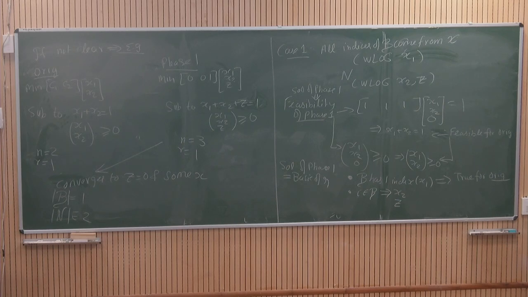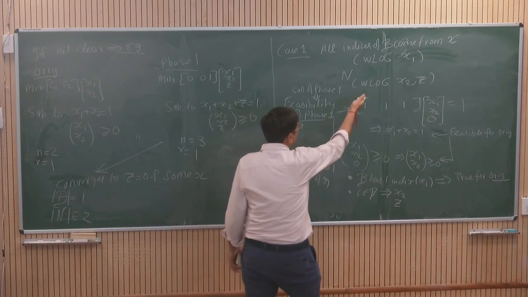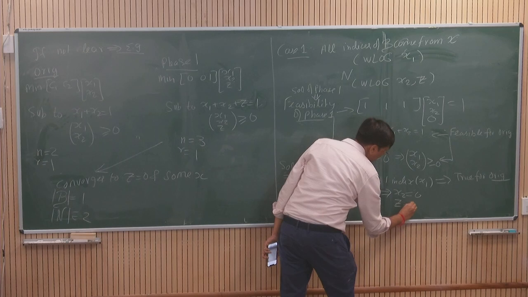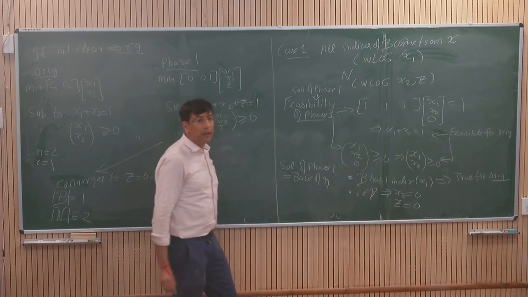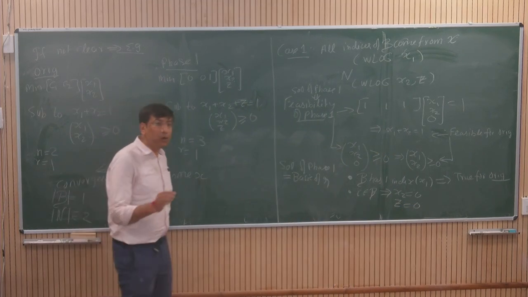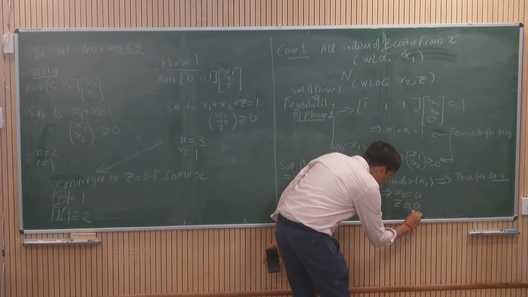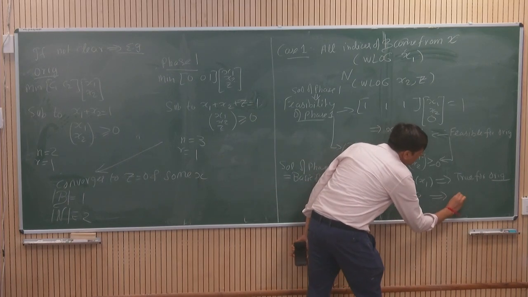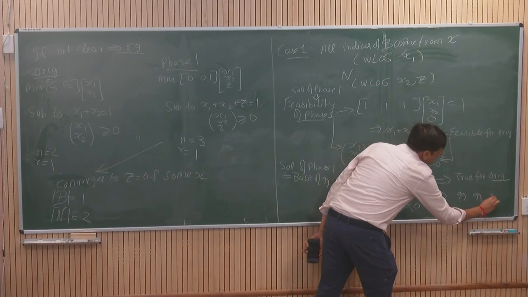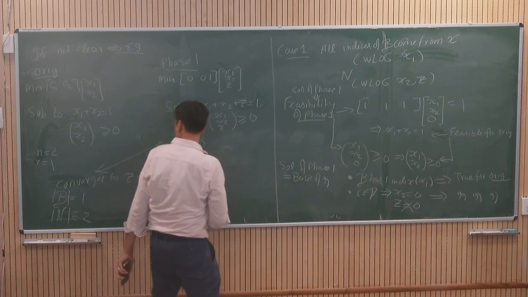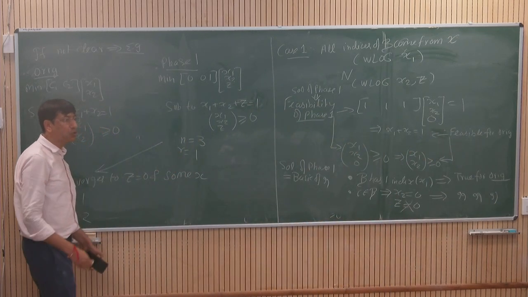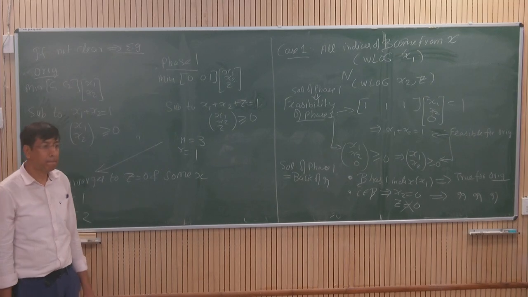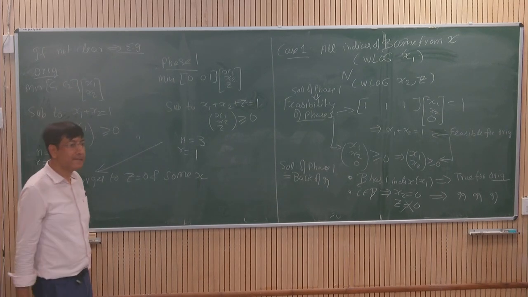Because it's a feasible basic point of the phase 1 problem, no? If x1 belongs to the B set, x2 and z belong to the N set. And when they belong to the N set, they have to be 0. Correct? Now what will I do? I'll say ignore this guy and use this for the original problem. Because there is no z in the original problem, I will use this fact, so it's true for the original problem as well. Everybody with me?